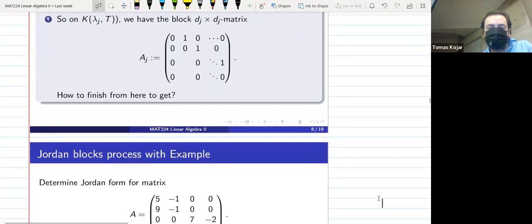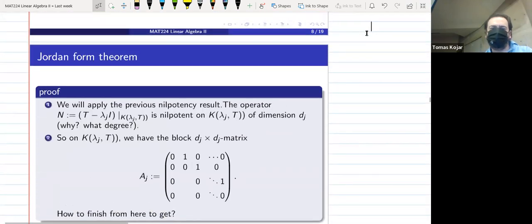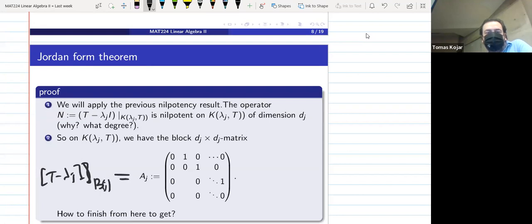Okay, so how do you finish from here? I remember I talked about this, I have deja vu. So we have T minus lambda_j, for some p_j, equal to this.